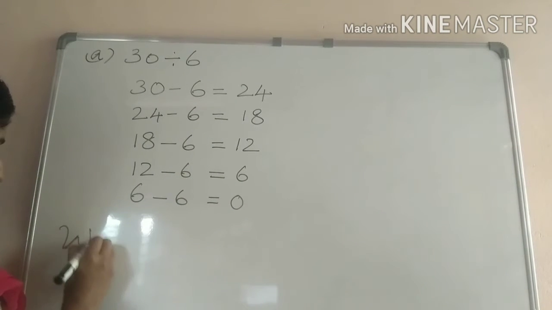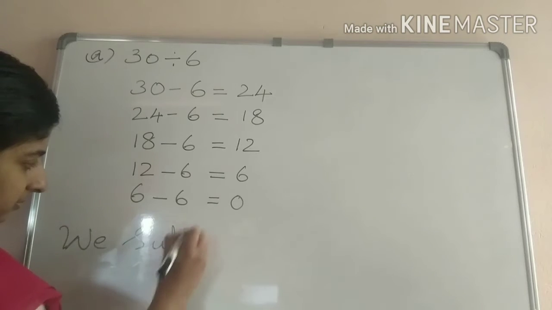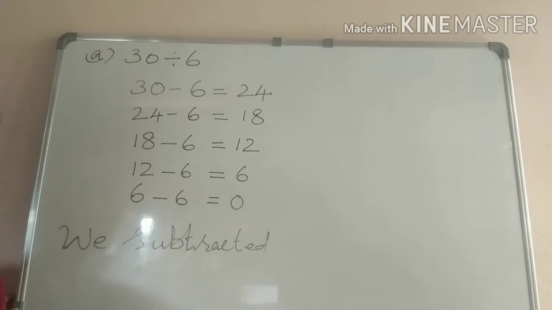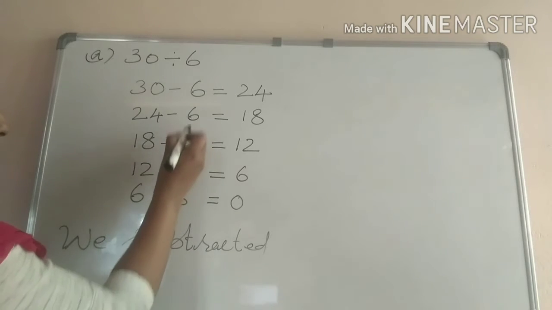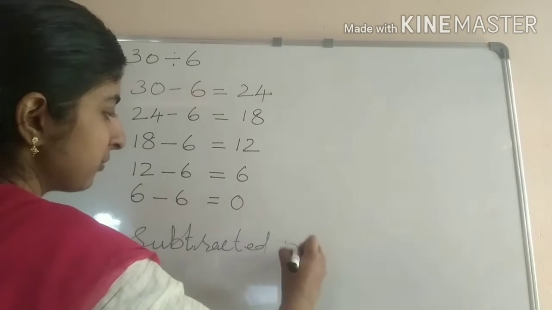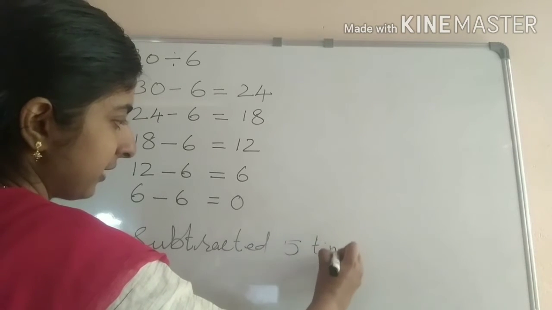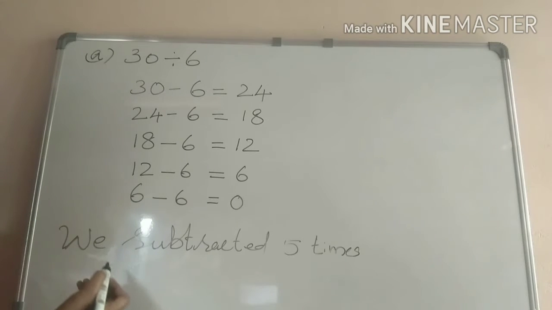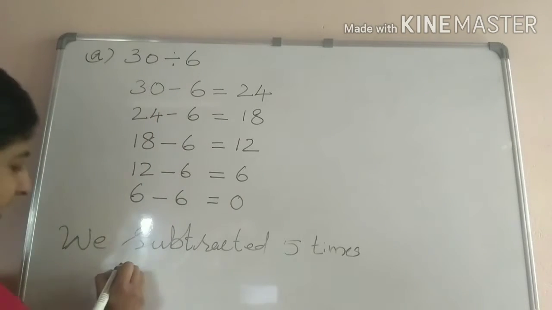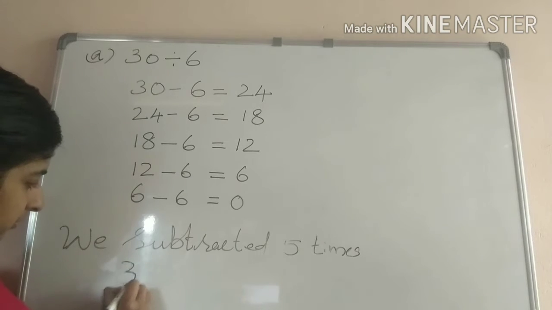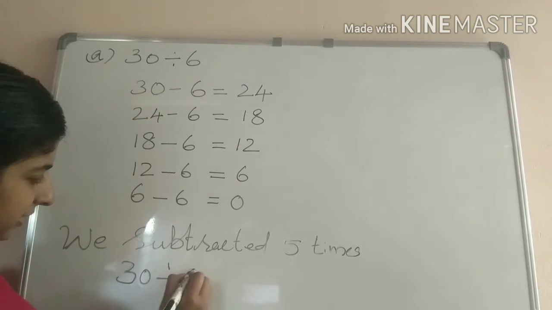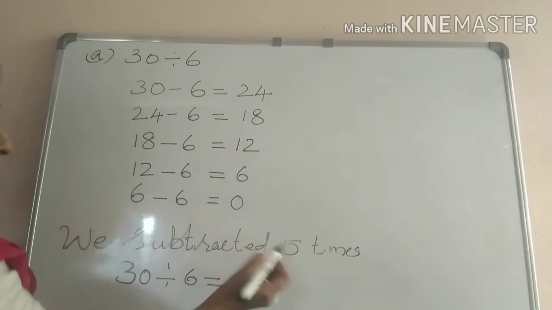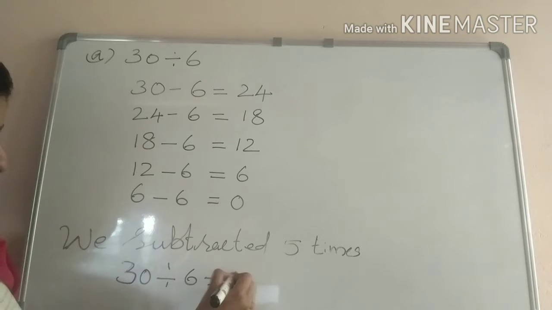We subtracted 5 times. Now, what is the answer? 30 divided by 6 is equal to the number of times we subtracted. 5 times we subtracted, so the answer is 5.